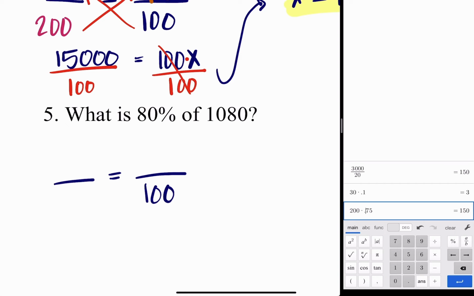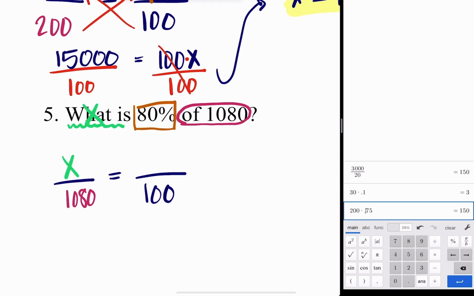What is? So my is x. Of 1,080, so my of is 1,080. And my percent is 80.